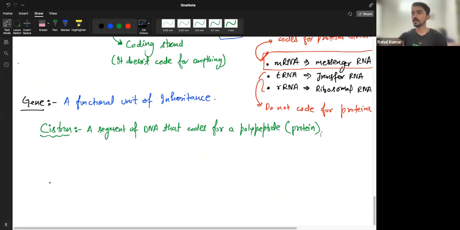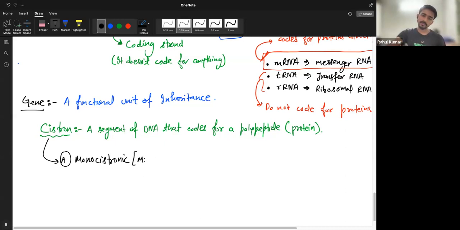Now, there are two types of cistronic systems in biology. First is monocistronic organisms. Monocistronic is mostly eukaryotes, including humans.